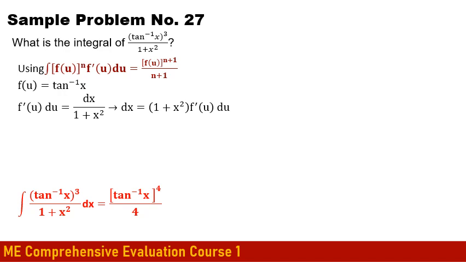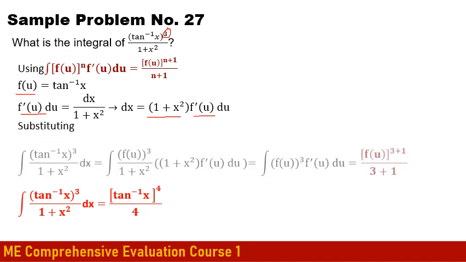So if we let f of u equals arctan of x, then our f prime u, so you notice that what we left as f of u is the function that is being raised to the power of n, and this is the arctan x. So our f prime u du will become dx over 1 plus x squared. So our dx is just 1 plus x squared multiplied by f prime u du.